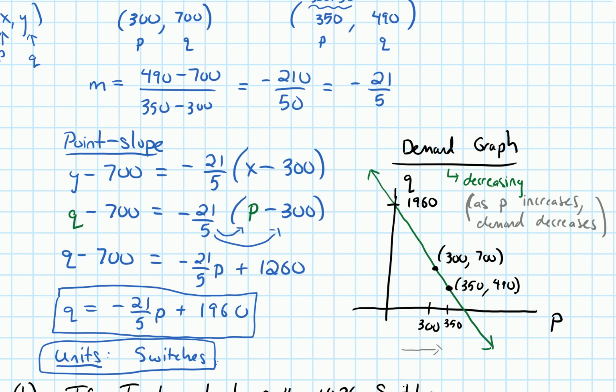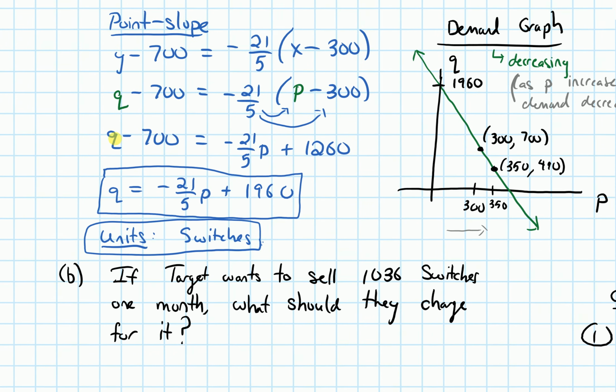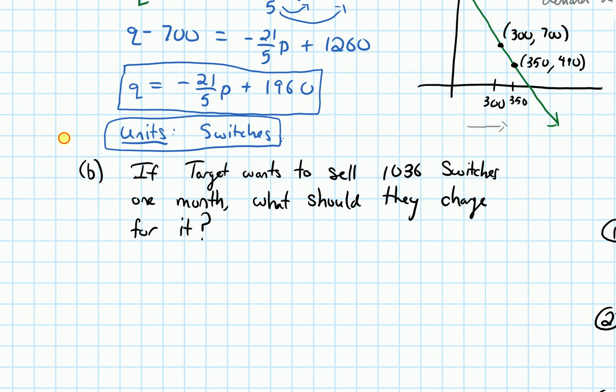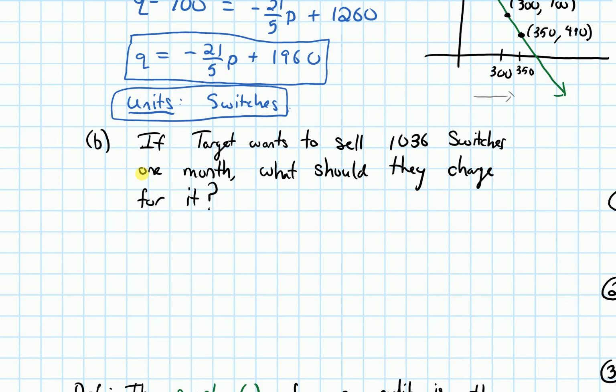All right, so let's keep going with this example. That was just part A. Let's look at part B now. Part B is, if Target wants to sell 1,036 switches in 1 month, what should they charge for it? In the original problem statement, it was already talking about the demand being in terms of 1 month.